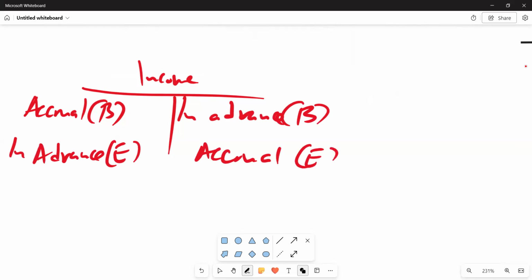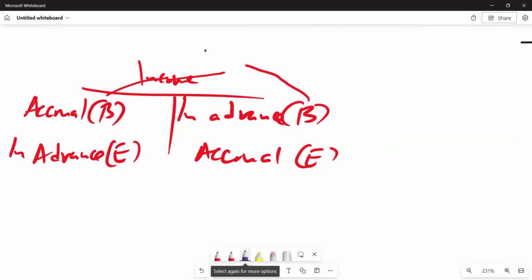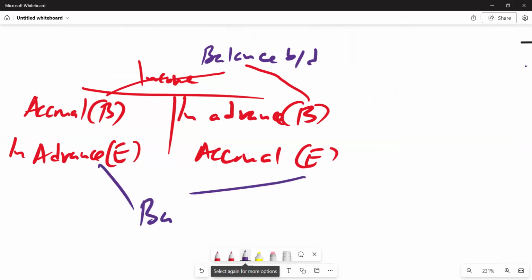The ones we are given at the beginning will be the balance BD, and obviously these ones at the end will appear as balance CD. So this is what we have, and we just have to take note of that. So we can now go and pick those balances that we have at the beginning and place them where they should go.